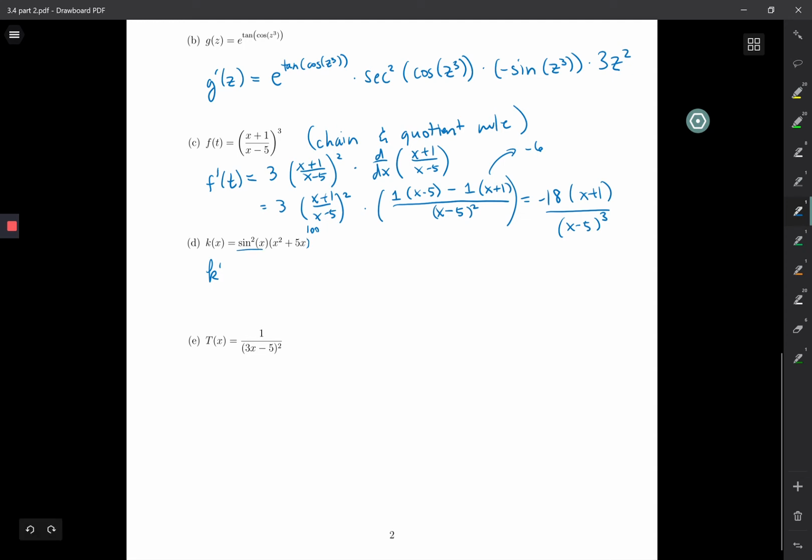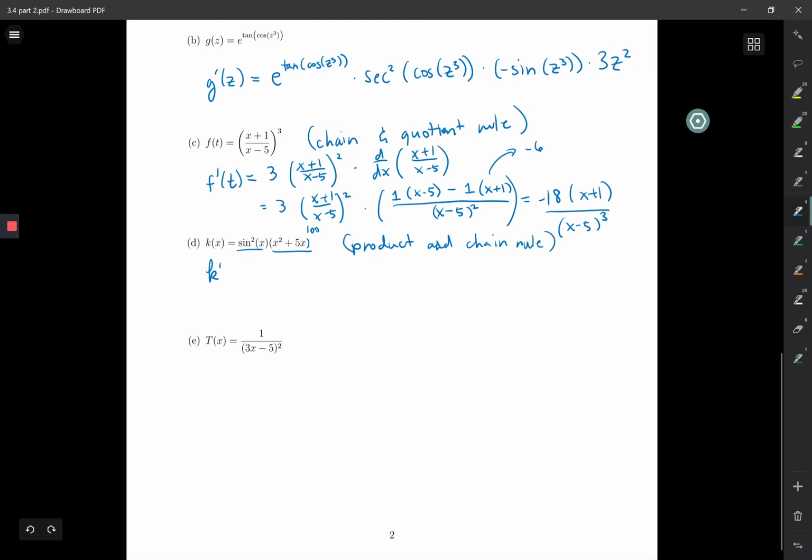So I have 2 functions being multiplied together, and that's sort of the largest thing going on. So I need to first use the product rule on those 2 separate functions, and then when I look at each of these functions, they are compositions of 2 functions, so I'll have to use the chain rule on each of them. Okay, so product and chain rule is what we're going to use.